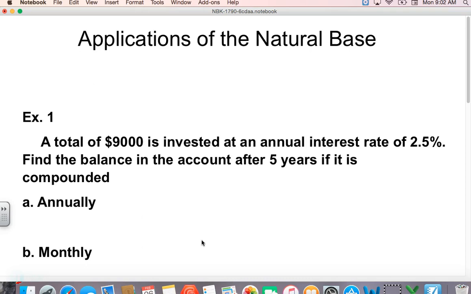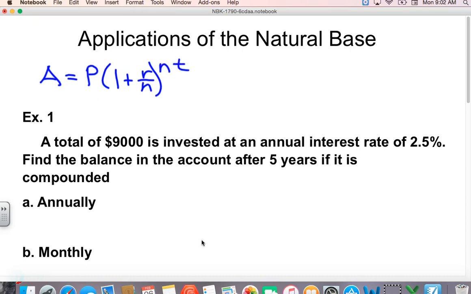A couple of different formulas you need to be aware of right here. The amount in your account is going to equal P, which represents the principal. The principal is the initial amount you put into your account. P times (1 plus r over n), where r is your interest rate, raised to the nt.